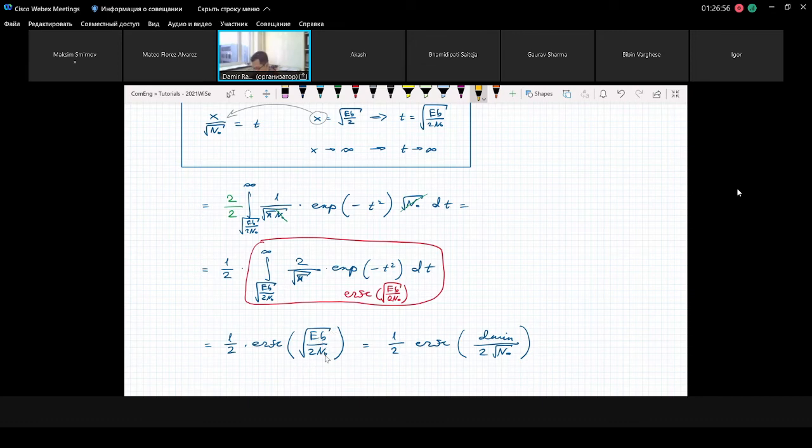You calculate this value, you get some number, you go to the book with this table, you find this value, and you get the result of the function for this argument. This is actually what happens. This is what MATLAB is doing, for example, if you call the complementary error function.